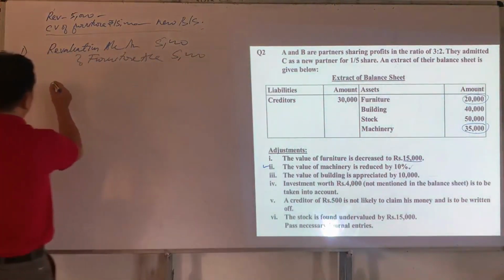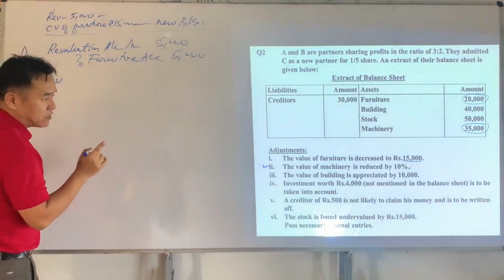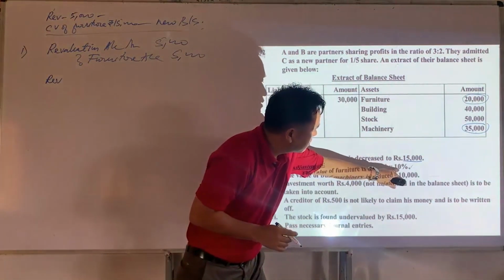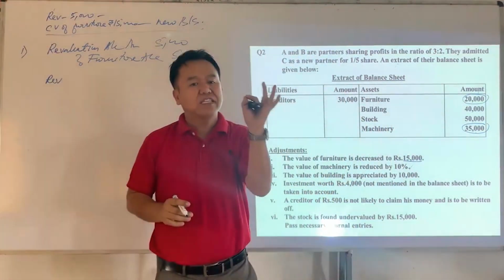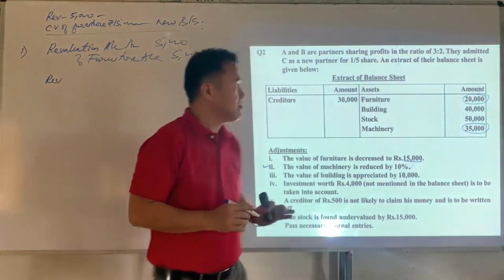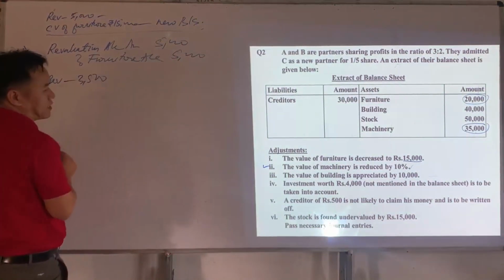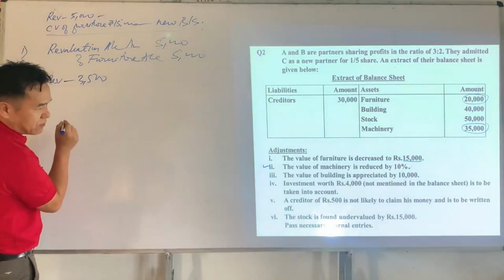So here, for revaluation, we need to take the difference amount. 3,500 itself is the difference amount. So the difference amount is 3,500.